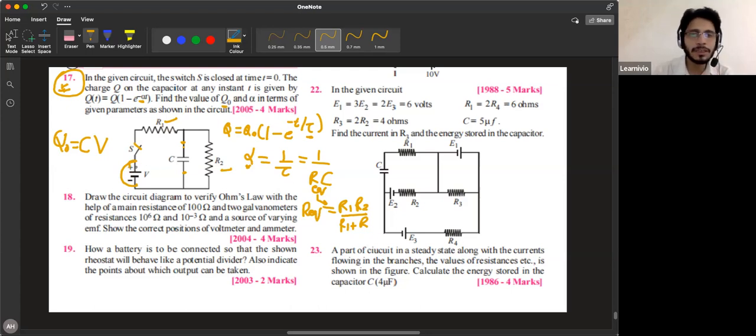To make the circuit clear, we just short circuit. It will show you clearly that this resistor is directly connected to this capacitor and this resistor also. So whenever you have more than one resistor and you want to calculate tau, the time constant, just short circuit your cell and get the value of equivalent resistance across your capacitor.